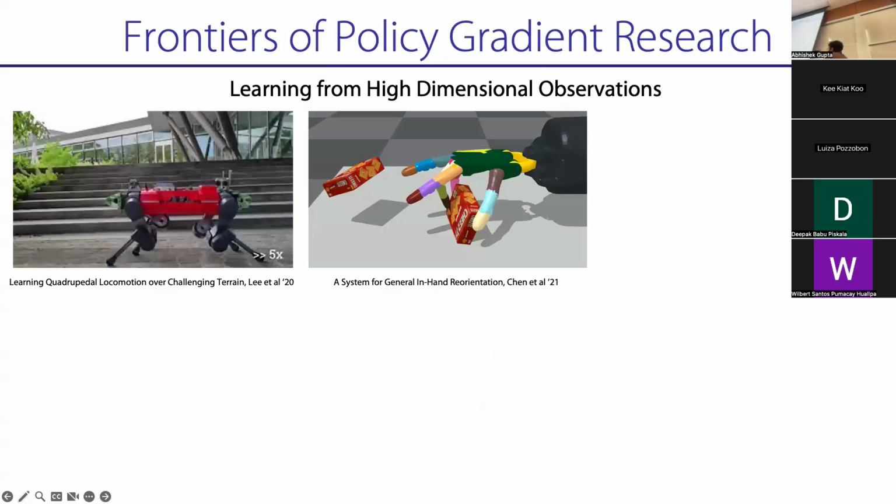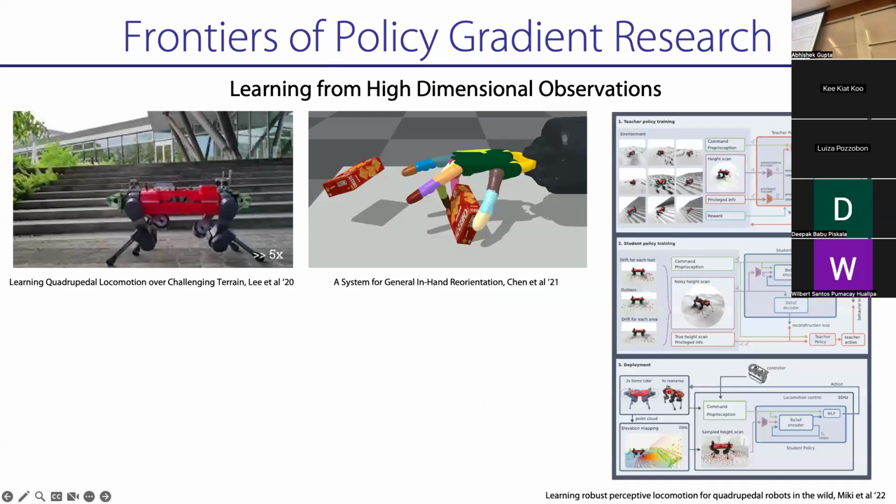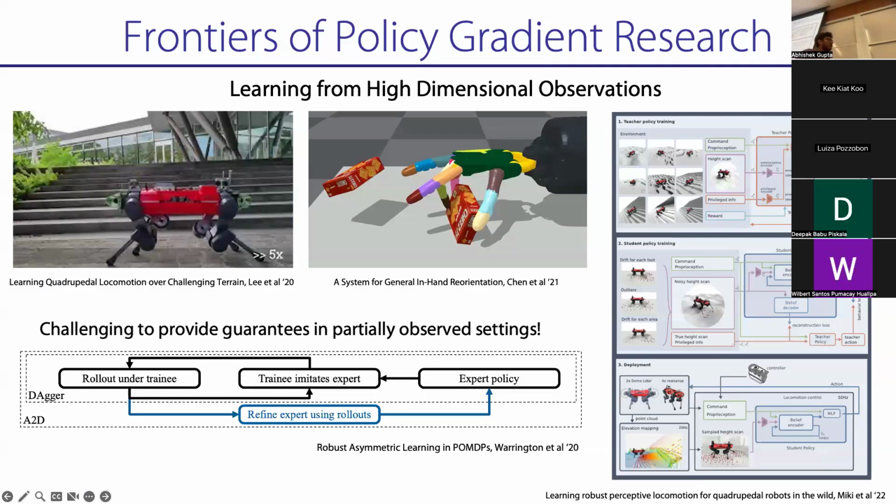There's been work on scaling up to higher dimensional observations and actions, like humanoids and hands from perception, which has been non-trivial. One of the interesting problems I find is the student-teacher distillation setting. Imagine that you did PPO from state because it's way faster, and then you have to use it to train something that goes from vision.